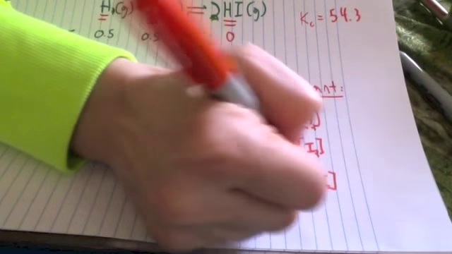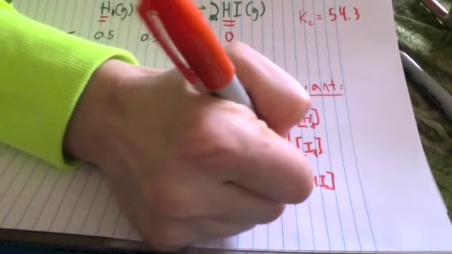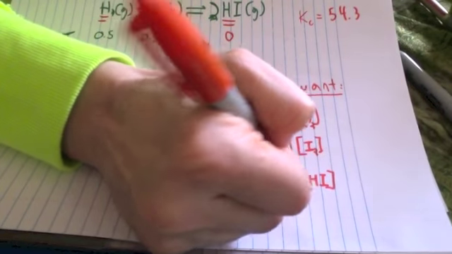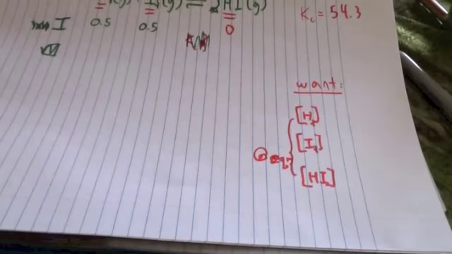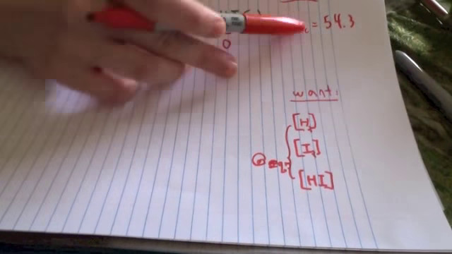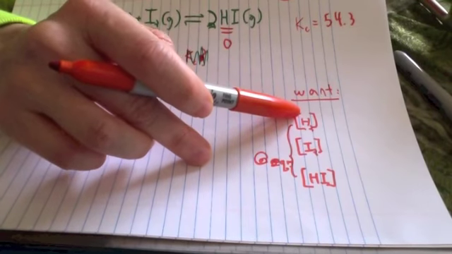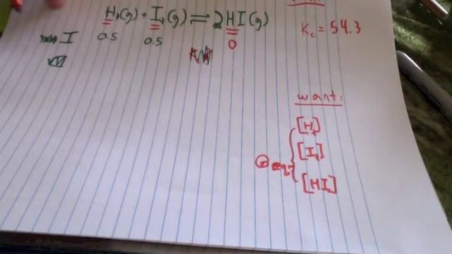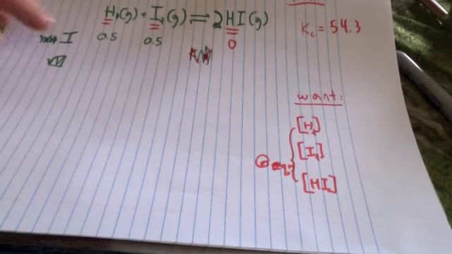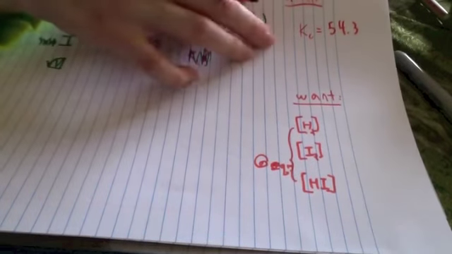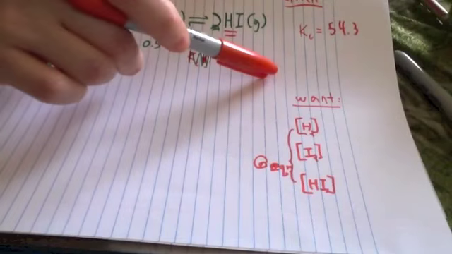I want all of them at equilibrium. And we talked about in class, if I have Kc, yes, I can get the concentrations at equilibrium, provided I know what I started with, okay? So they gave me initial concentrations, and then they gave me Kc, and now they want me to find my concentrations of everything at equilibrium, okay?